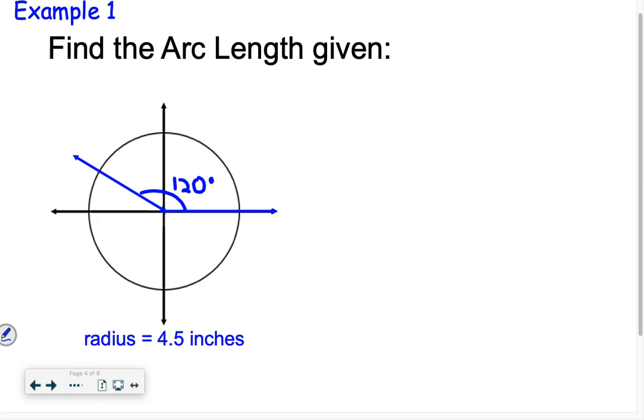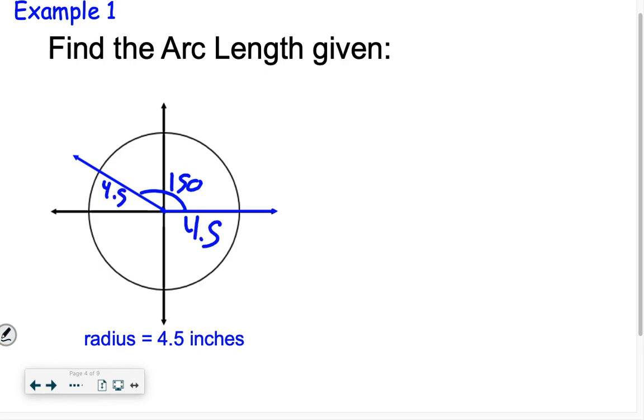So let's change that because I don't want to have that twice. Let's do 150. Why not? So we want to find the arc length given that this angle measure is 150 and the radius is 4.5, okay? So this is 4.5, this is 4.5.